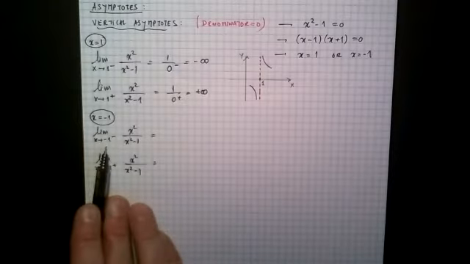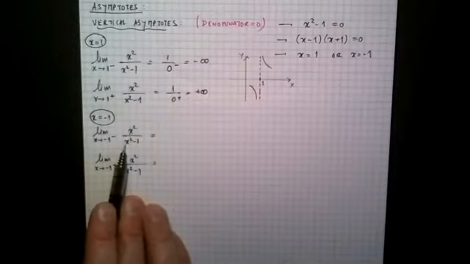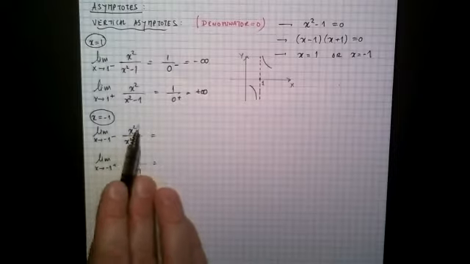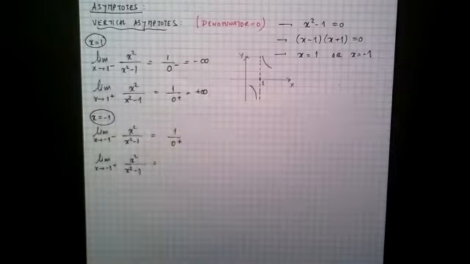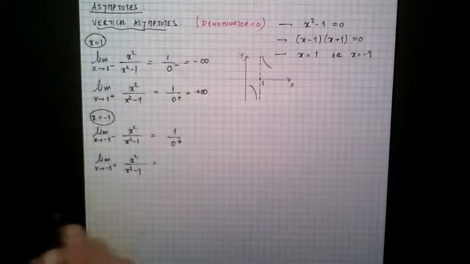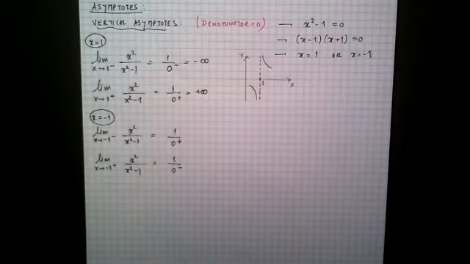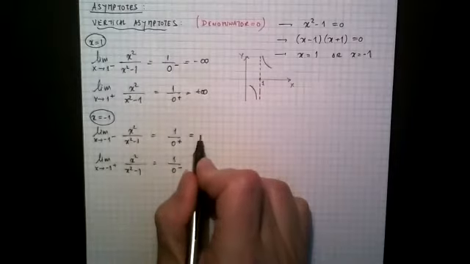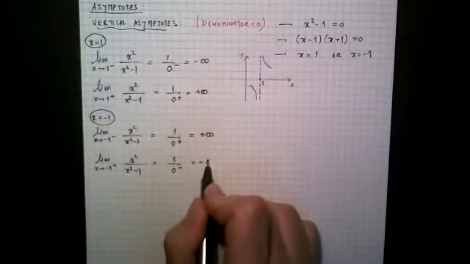Okay, so -1 from the left means about -1.00001. This is going to be a positive number on the bottom and positive on top. So on top I have 1, and on the bottom 0 plus. And here I'm going to have 1/0 minus. Plus infinity, minus infinity.